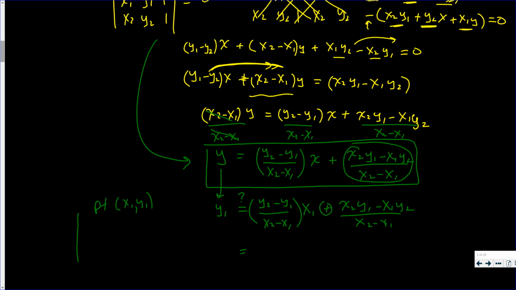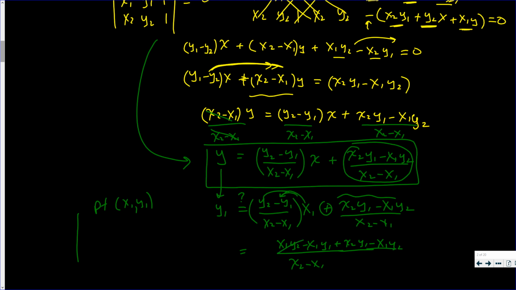So when I add these, the numerator is going to be x1 times each of these, which is x1, y2 minus x1, y1, plus x2, y1 minus x1, y2.